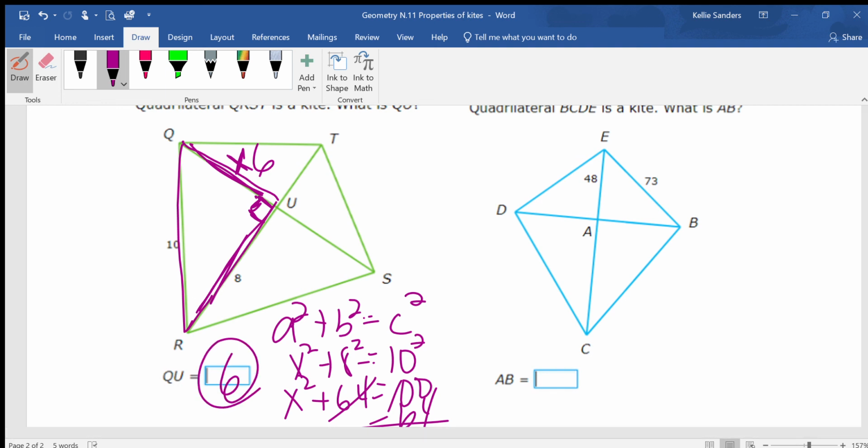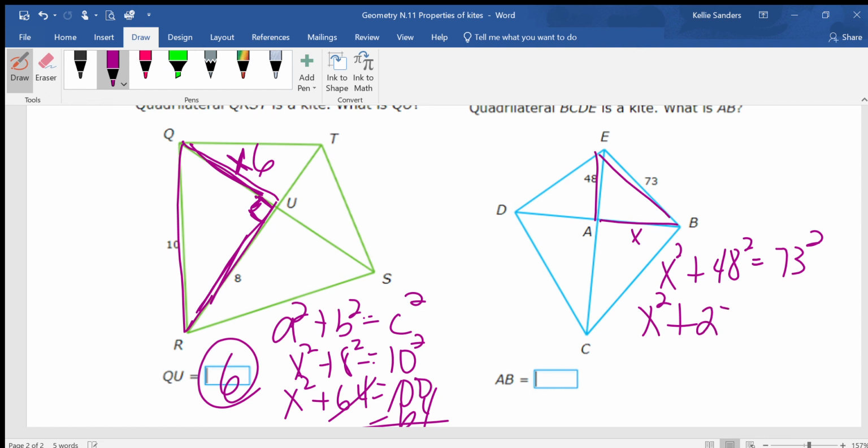Okay, and we're looking for AB. So X squared plus 48 squared equals 73 squared. So 48 squared is 2304. 73 squared is 5329.